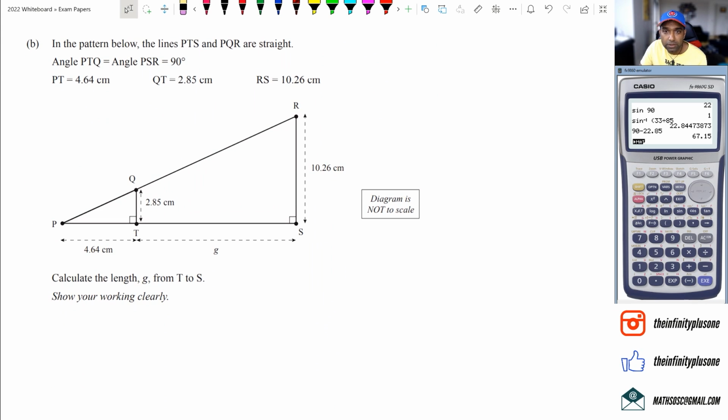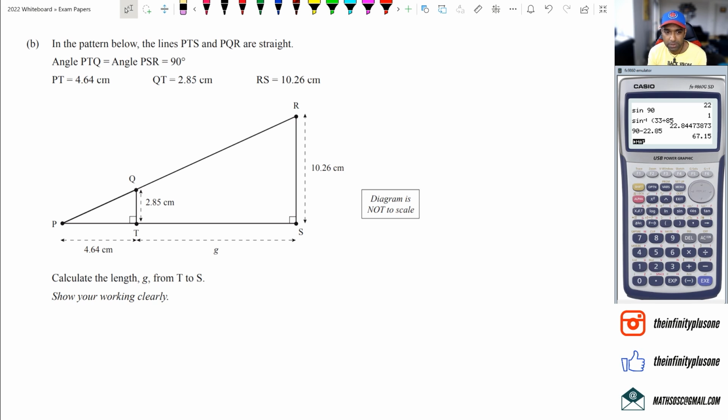All right, next part of this question. So with question B, what we've got here is a similar triangle. Now, there are some videos on my channel on similar triangles, guys, especially the live tutorials. Have a look. But really, imagine it like being a fraction over a fraction, all right?